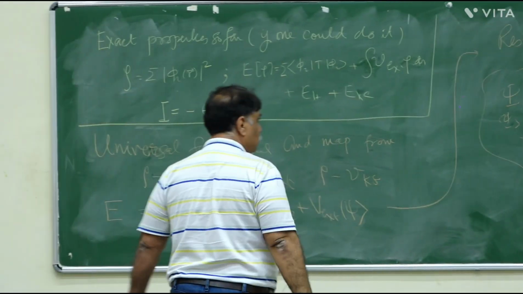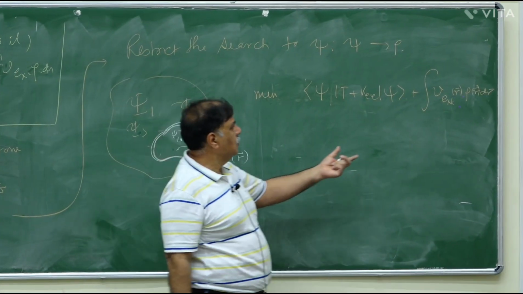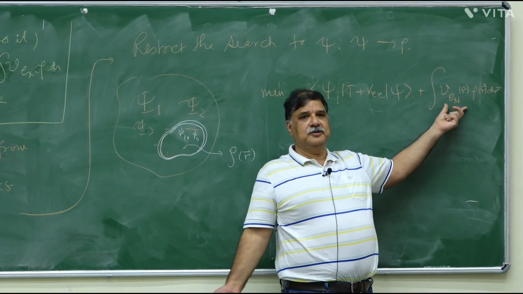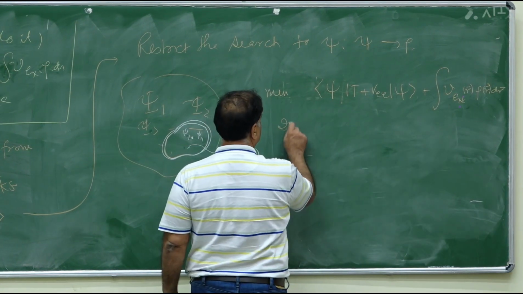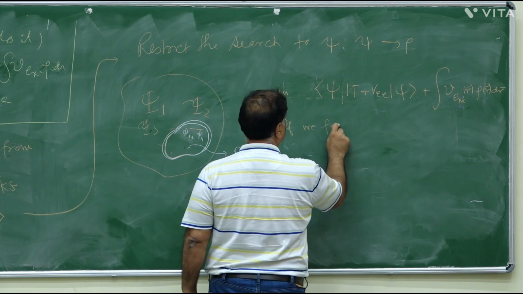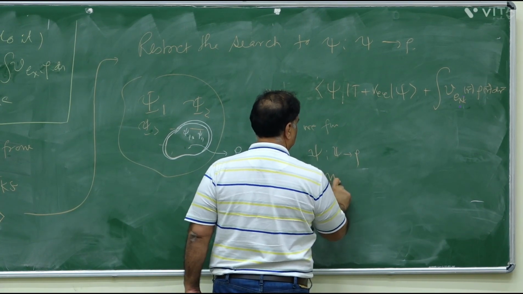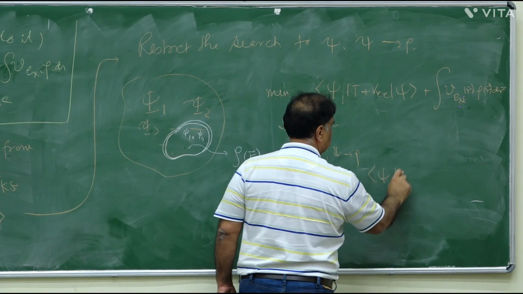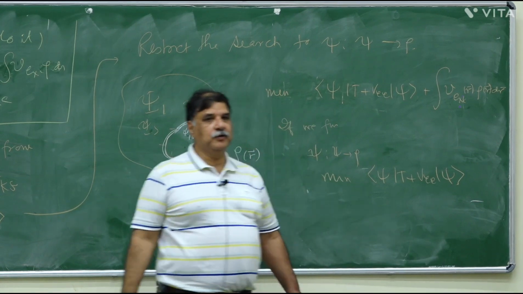And if I'm searching over all these psi that give me the same rho, this is constant. This doesn't change. So if we find psi such that psi gives you rho and do the minimum of psi T plus V_ee psi, I found the ground state wave function.